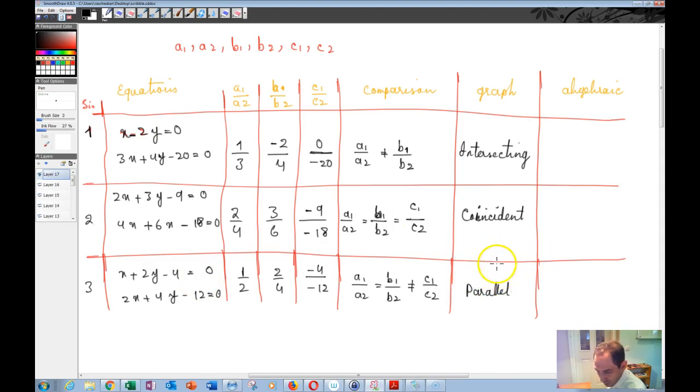Okay, so in the case of the algebraic analysis of these lines, you could say that when you have parallel lines you have no solutions.